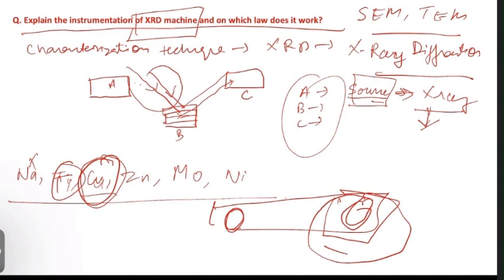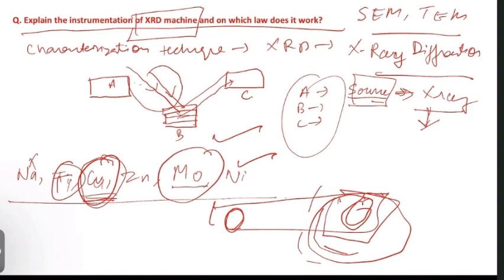There are a few, like iron, silver and cobalt. Copper is the most common. Heavy metals which lie near copper are used. Molybdenum is one of them. We generally use copper metal for X-ray generation.